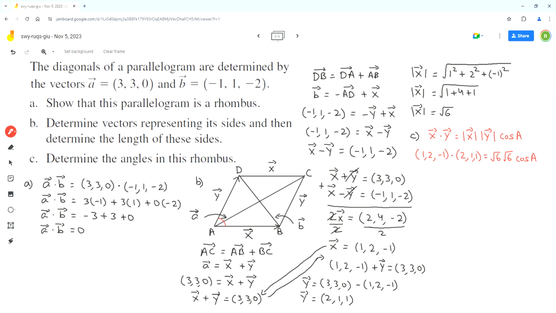Now we can do the dot product on the left side. We can multiply the x, y, and z components. 1 times 2 is 2, and 2 times 1 is 2, and negative 1 times 1 is negative 1. And square root of 6 times square root of 6 is 6. On the left side, now we can combine the numbers. I got 3.